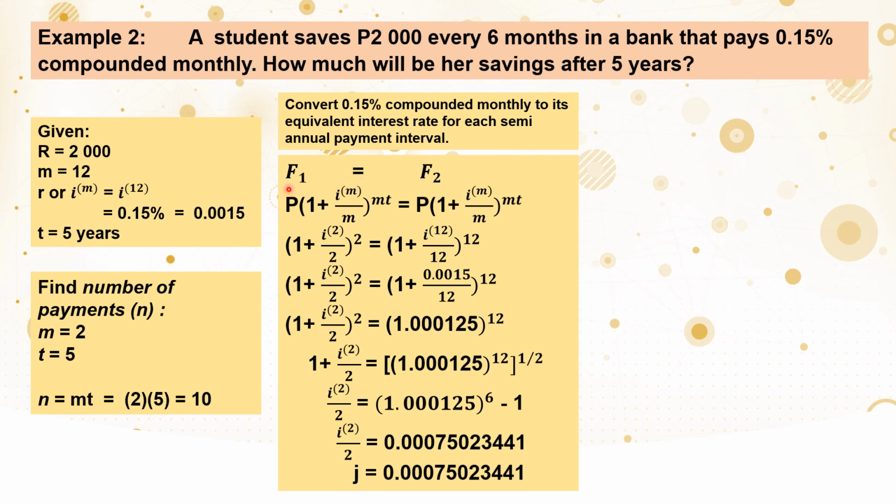Note that F sub 1 is the interest rate for each semi-annual payment. And the F sub 2 is the interest rate compounded monthly. So in F sub 1, our M is 2, since F sub 1 is the interest rate for each semi-annual payment. Semi-annual, our M is 2.